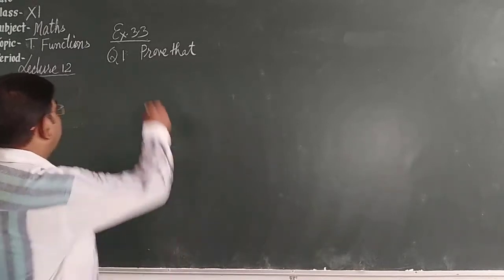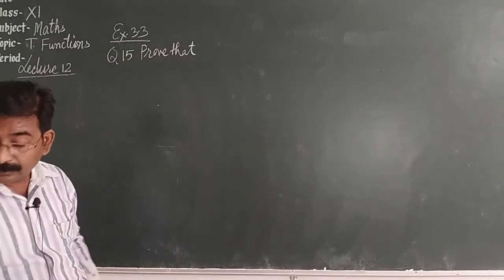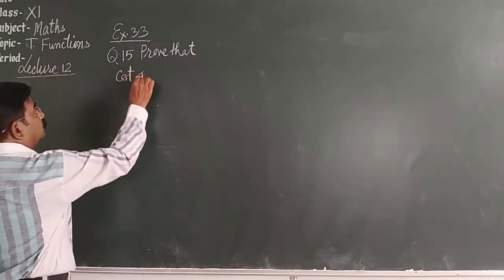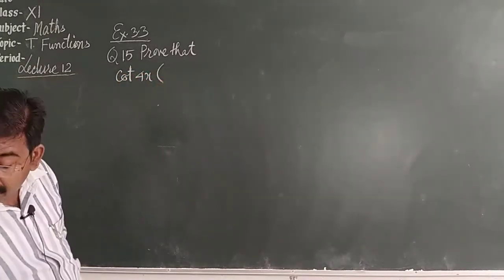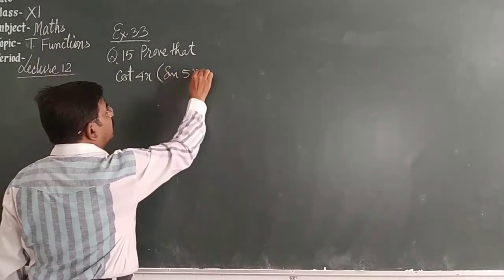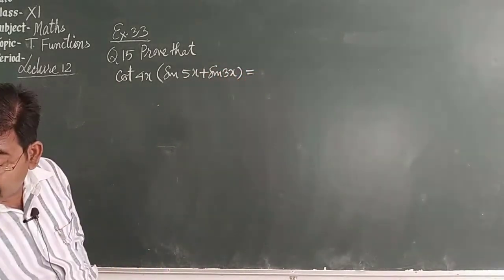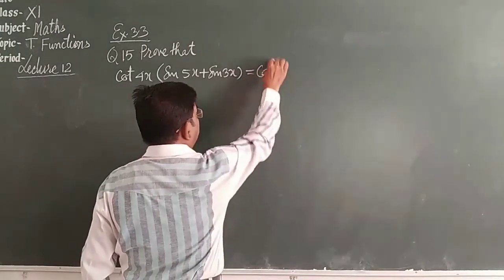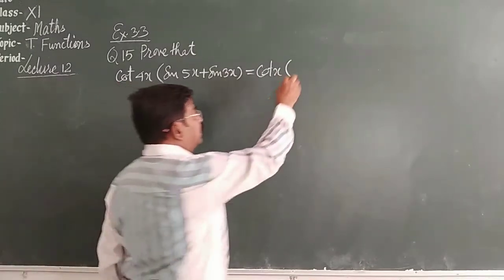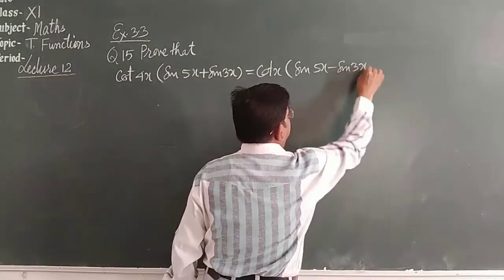Question number 15 is cot 4x in bracket we have sin 5x plus sin 3x is equal to cot x into sin 5x minus sin 3x.